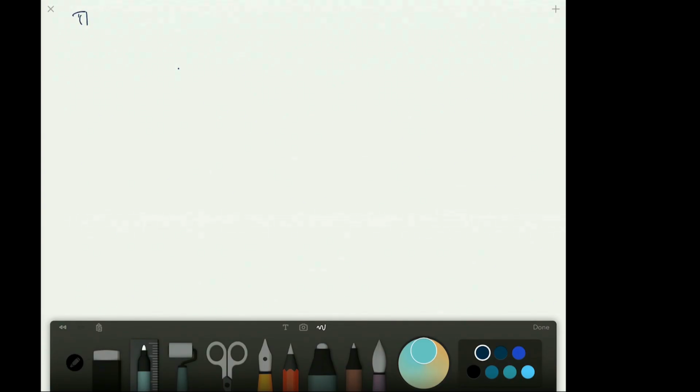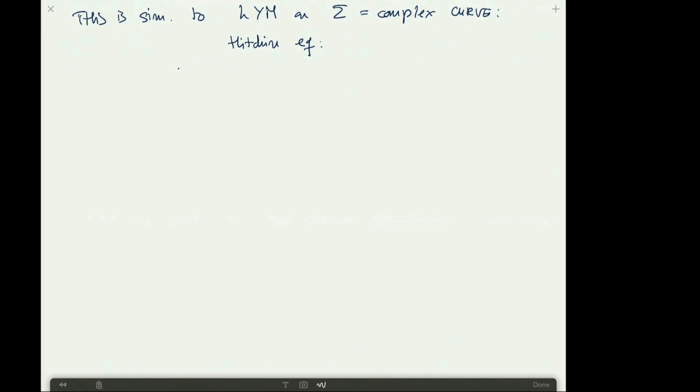This is similar to looking at Hermitian Yang-Mills on sigma, a complex curve, where you get the Hitchin equations, something where now F_z zbar minus the commutator of phi, phi bar is equal to 0.